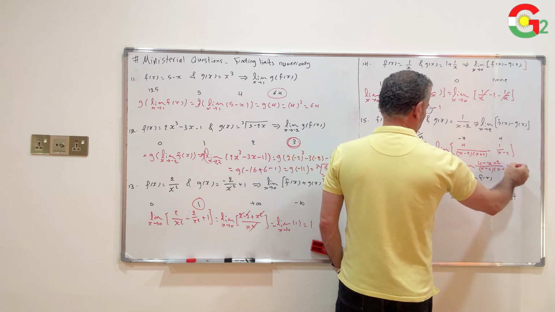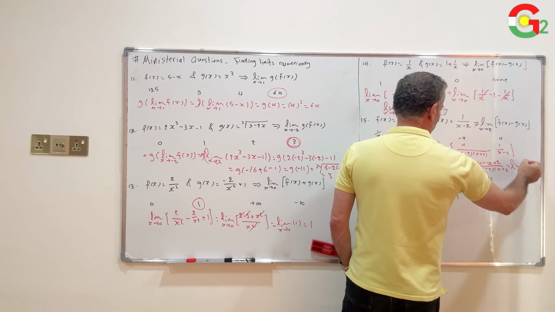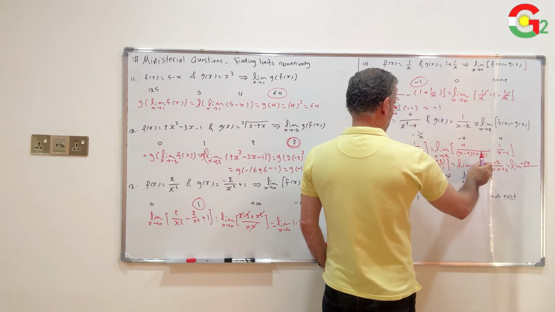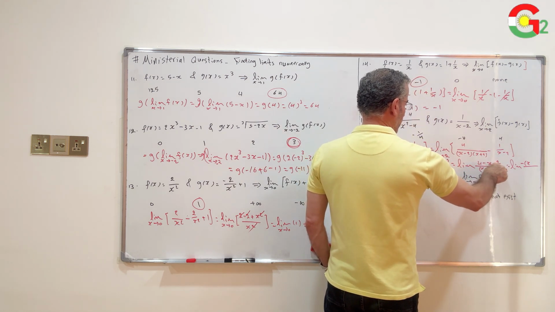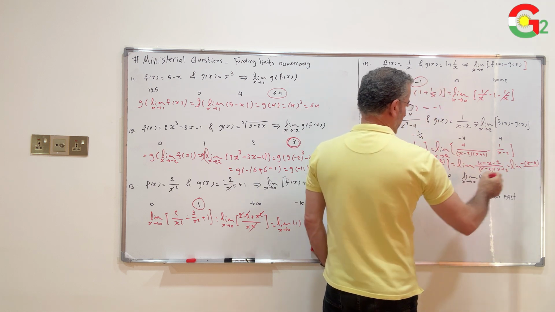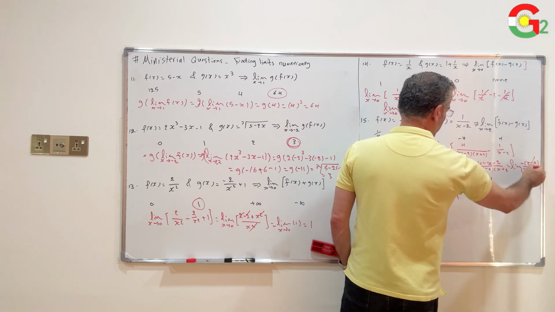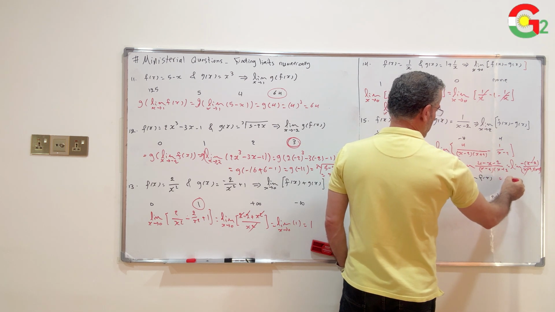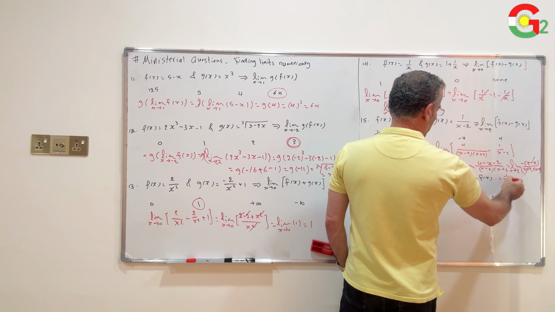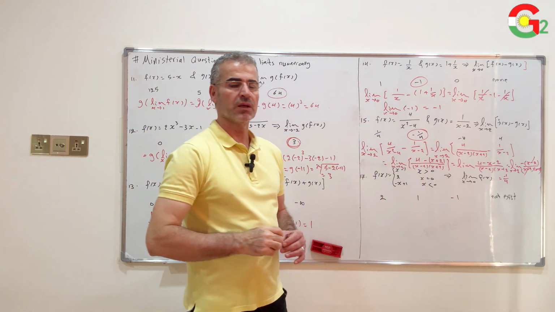Equal to limit negative x plus 4 minus 2, it is 2, it will be x minus 2 over x minus 2, x plus 2. Reduce x minus 2 with x plus 2... The answer will be, when x approach to 2, negative 1 over 4, choice B.